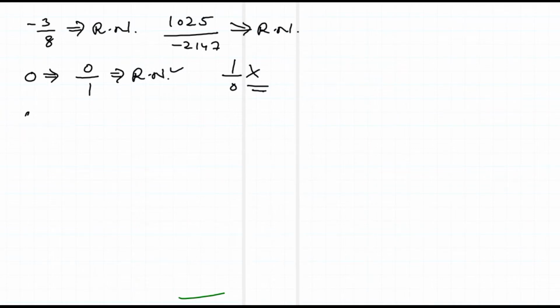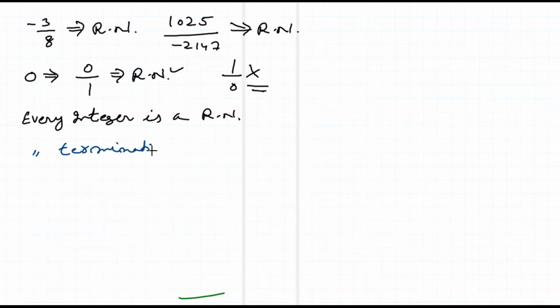Keep in mind, every integer is a rational number. Every terminating number, that is not repeating, like this, is also a rational number.